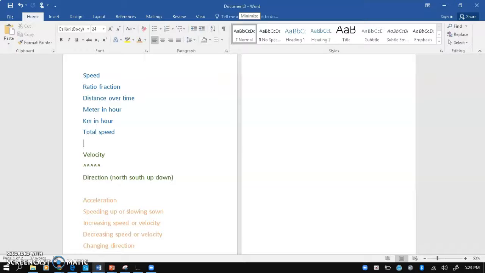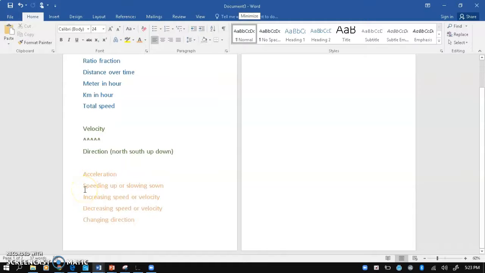So it's just meters per second. Went 25 miles in 1 hour, and that's speed. This is velocity. It would be the same thing, but it has direction. Now the keywords with acceleration are speeding up or slowing down, increasing or decreasing speed, and the other thing again is change in direction.